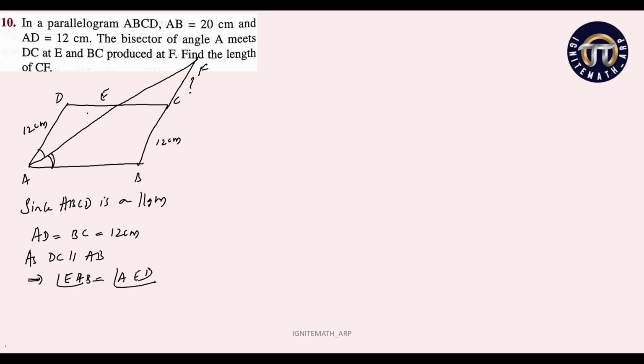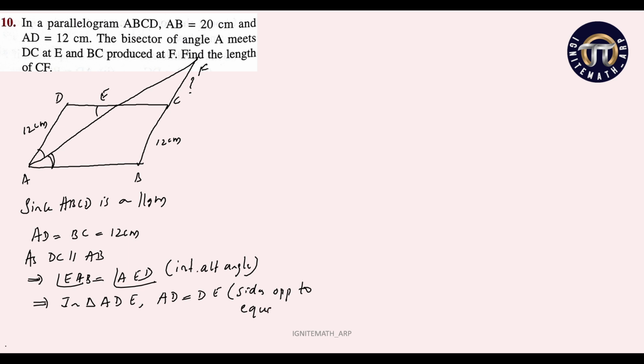So this angle is equal to this angle. Why? Interior alternate angles. Clear? So that implies in triangle ADE, AD is equal to DE. Tell me why? Because sides opposite to equal angles. So this also becomes 12 centimeter. Clear, children? Okay.